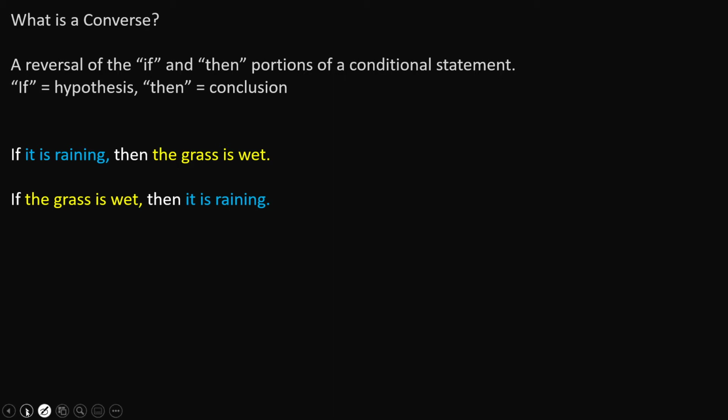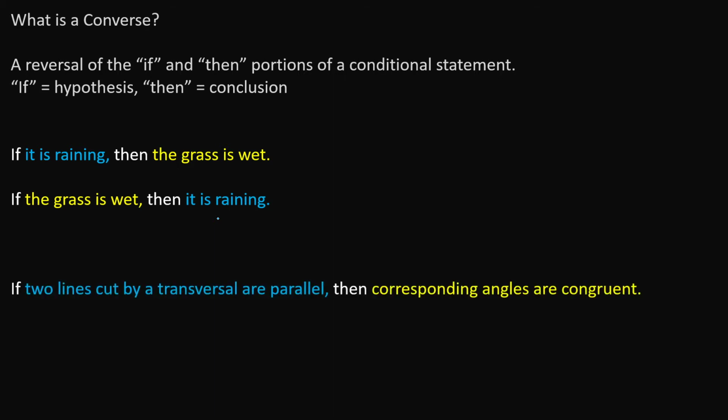In this particular instance, if the grass is wet, it doesn't necessarily need to be raining. There could be a sprinkler running outside, or maybe it's dew from the morning. So not necessarily true. But in our case today, all of our converses are true.